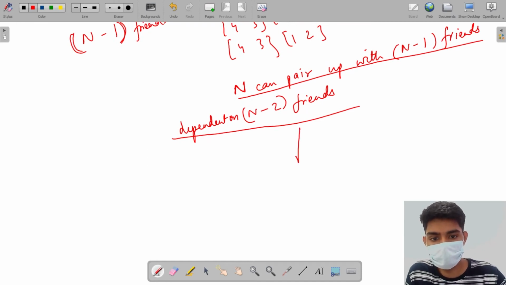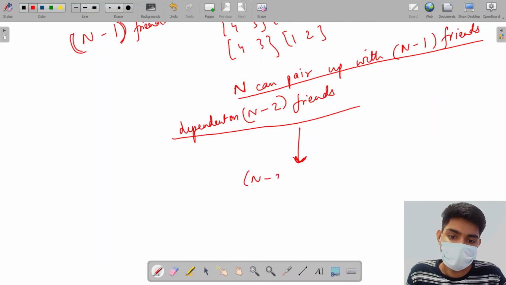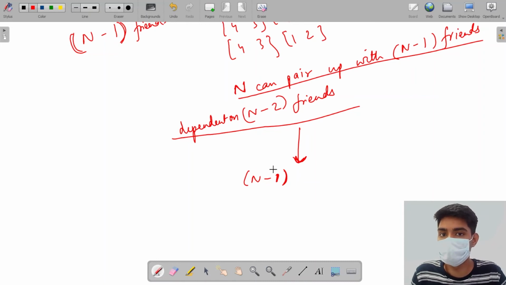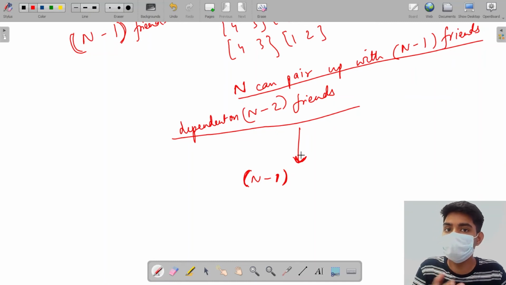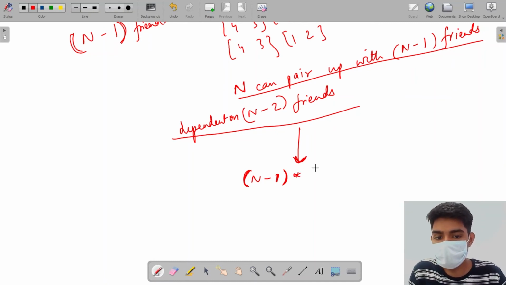Okay, so let's see here. If my single n is going to pair up with n minus 1 friends, and after pairing up with someone there are n minus 2 people left, then this will be multiplied with the ways of n minus 2 people, right?